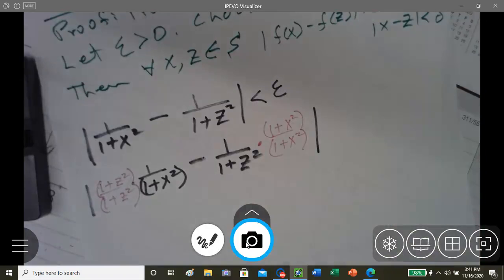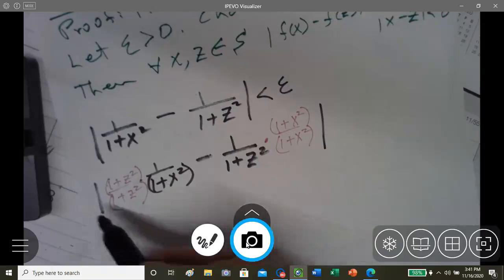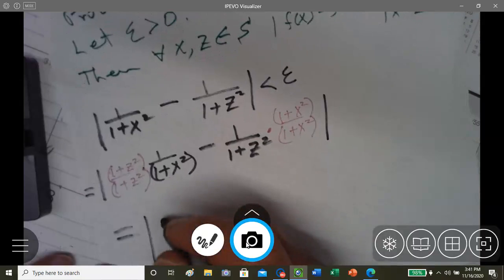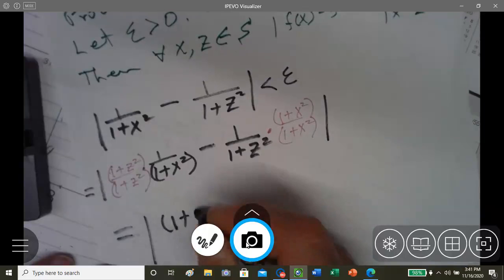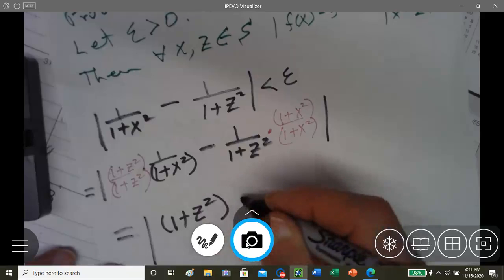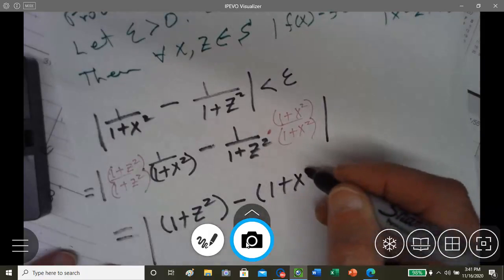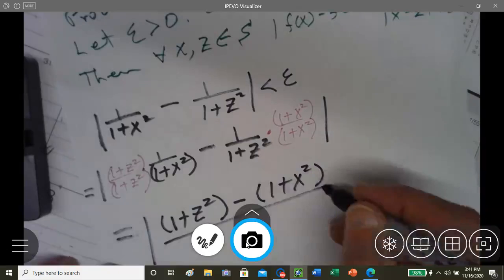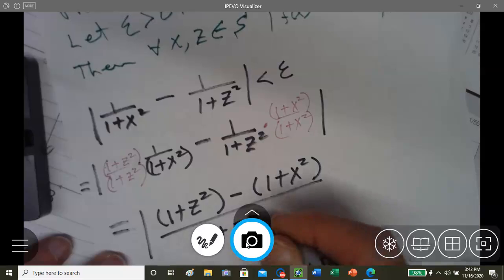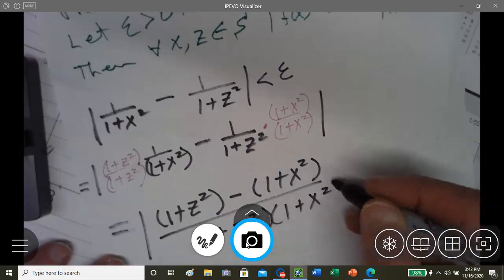Okay, so from there, that's going to equal 1 plus z squared, close it, minus 1 plus x squared in parentheses, and that's all under one common denominator, 1 plus z squared times 1 plus x squared.